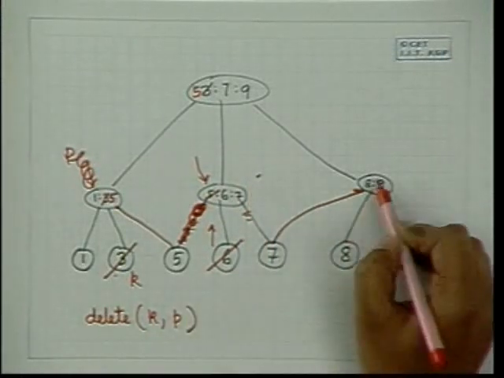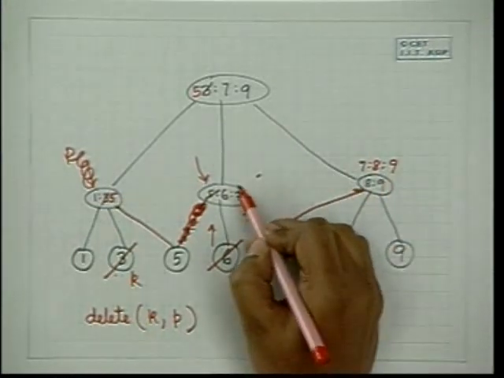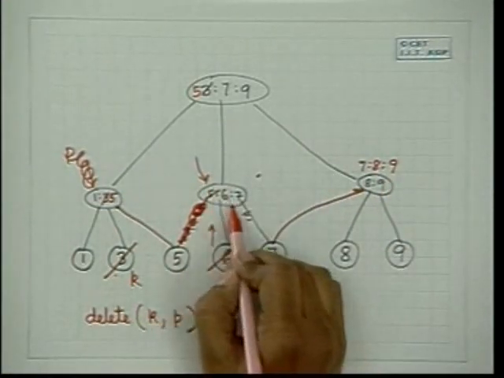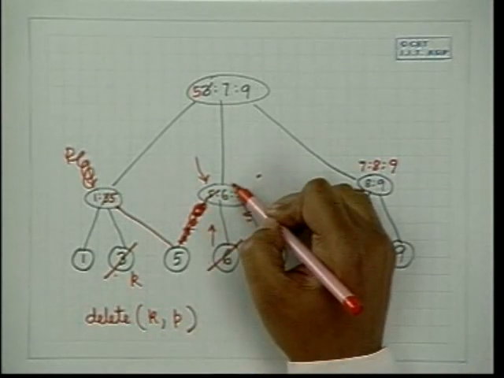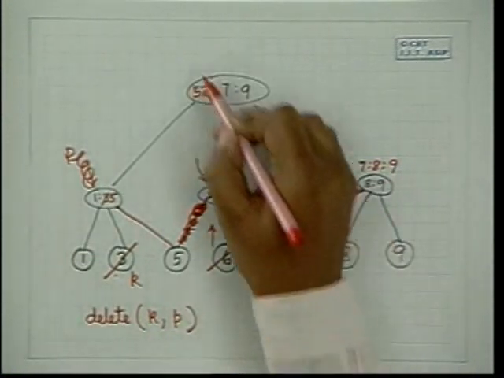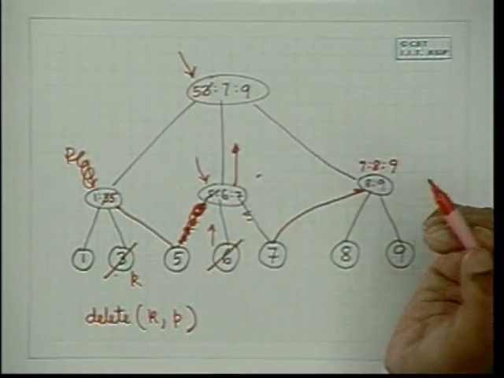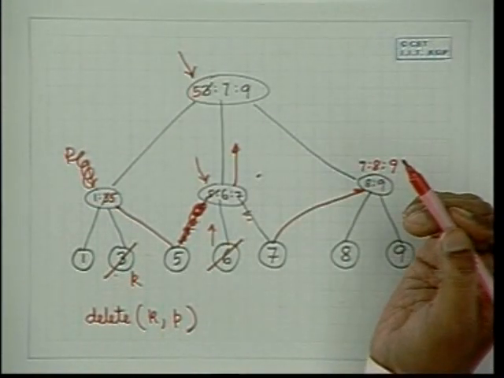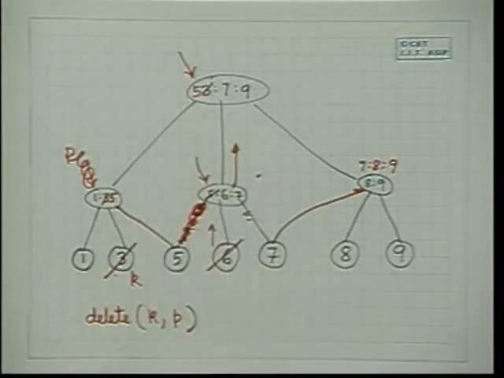This will be 7, 8, 9, and then you will delete. So this node has got no children. Now once it has got no children, you will delete this node in this node recursively, like you added. You will delete P in P pointer dot parent.